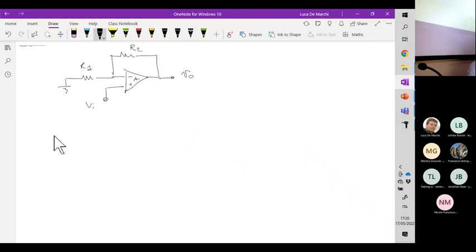So the output, if we call the voltage at the negative input V minus, we have that V out will be equal to A times Vi minus V minus.